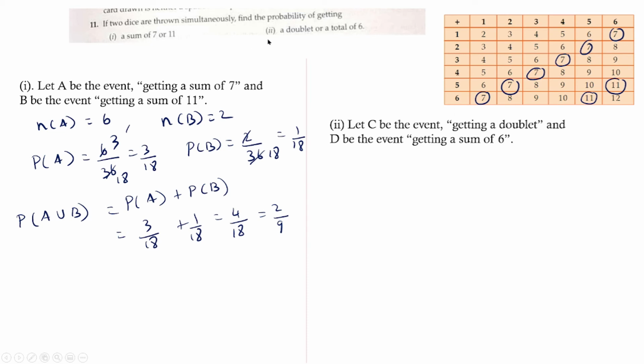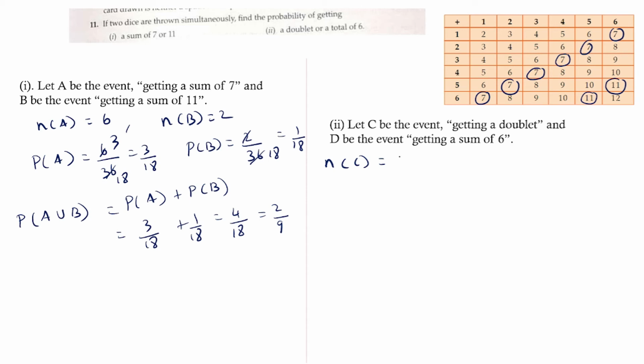Now moving on to the next subdivision, the probability of getting a doublet or a total of 6. So let C be the event getting a doublet and D be the event getting a sum of 6. We can get a doublet in all these cases: 1,1, 2,2, 3,3, 4,4, 5,5 and 6,6.